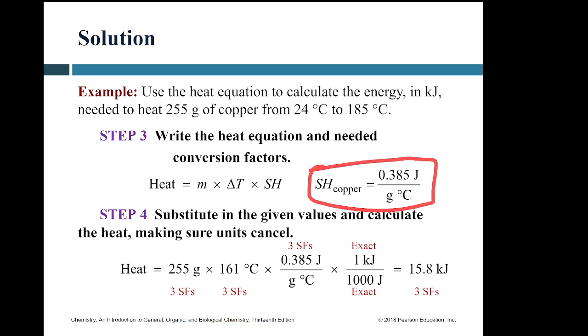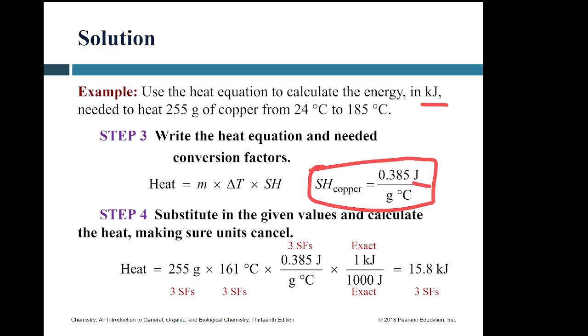So now what do I do with those numbers? I have 255 grams times 161 degrees Celsius, and then what do I do? Okay, I want what? Kilojoules. Where's my joules in this problem?